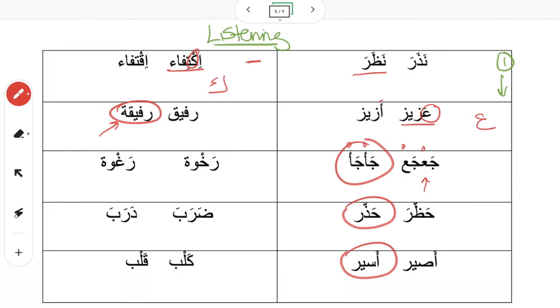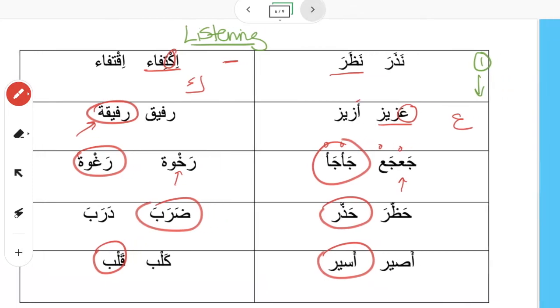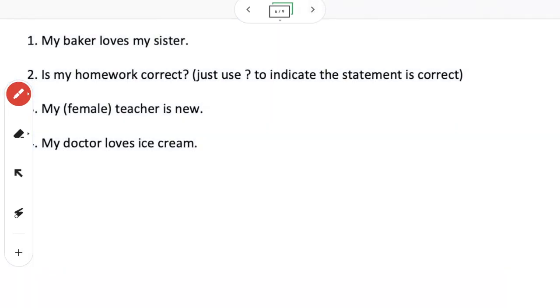So if you hear the a sound at the end, that means it's feminine, it has ta marbuta most likely. Raghwa. If it was rakh, that would be a kha sound. Daraba. With the dad, not a da. And last one, let's do qalb. Qalb. Qa sound.